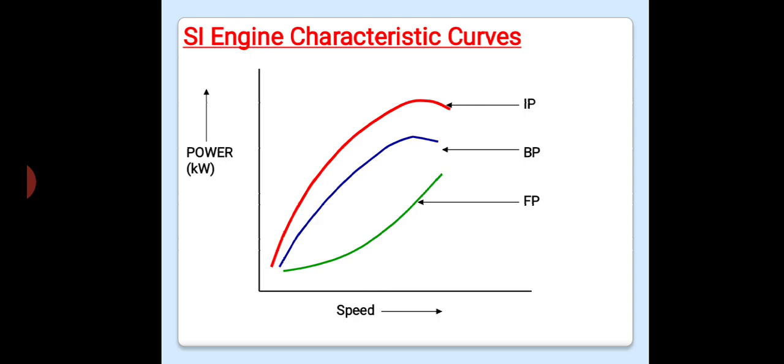The indicated power increases first with the increase in speed if the inlet conditions are kept constant. However, after a certain limit, the rate of increase in indicated power is reduced with increase in speed because of drop in pressure at intake and reduction in volumetric efficiency.